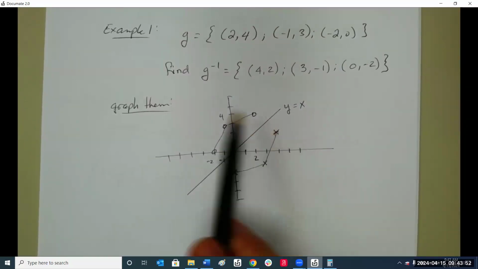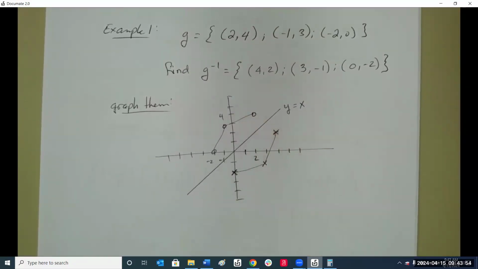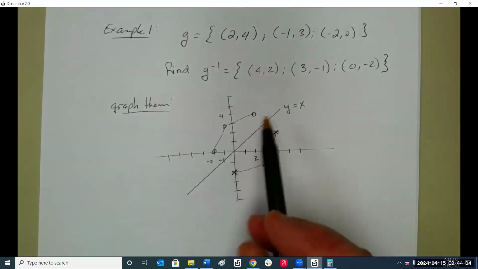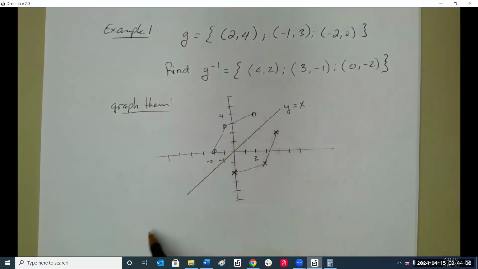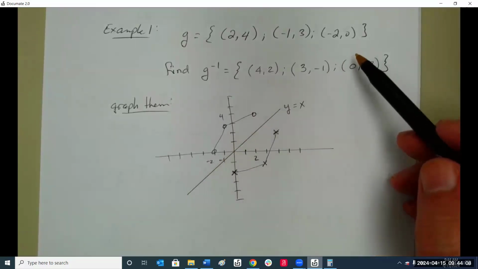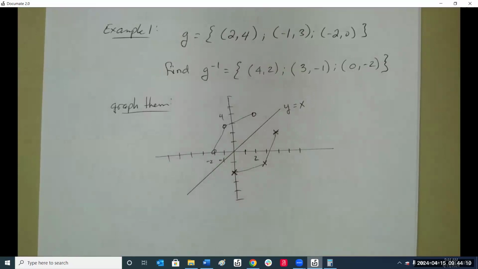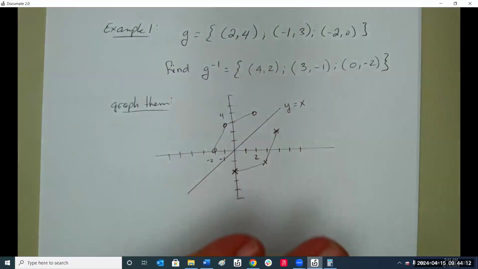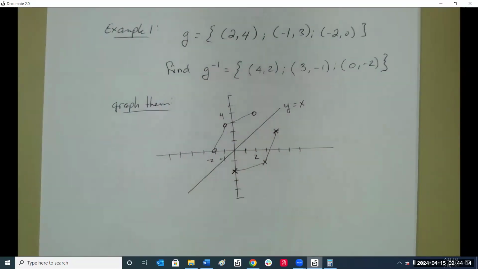So that's why it's symmetric about the diagonal line y = x. Because we switched x for y. So whenever you graph something, if I give you a graph, then just draw the y = x line and mirror image of it. Just take it and fold it and just poke dots. It makes it much easier that way.